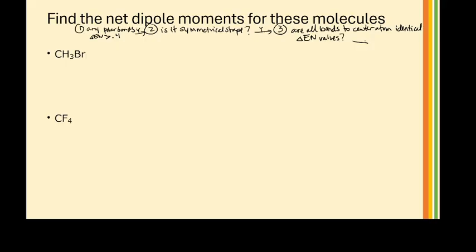And if the answer is yes, then that would mean it would be nonpolar by symmetry. If the answer is no, then it's polar. By the way, if it's not a symmetrical shape, then it's polar. If it has no polar bonds, then it's nonpolar.